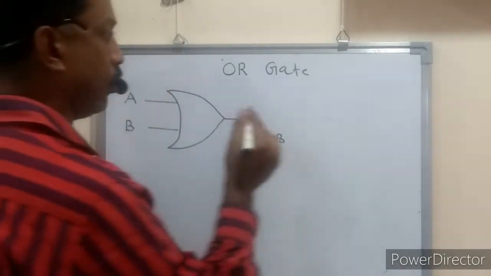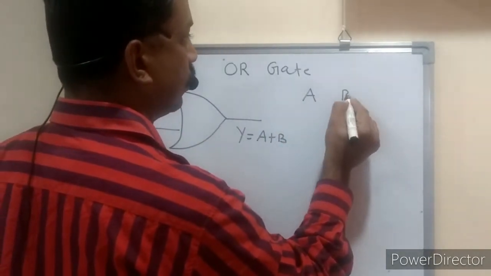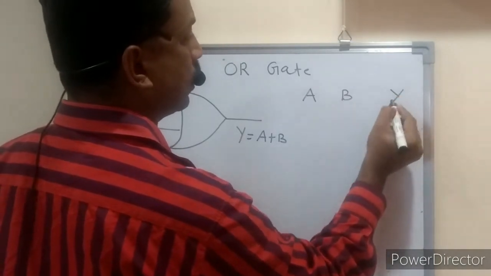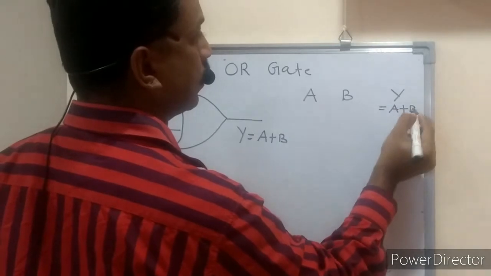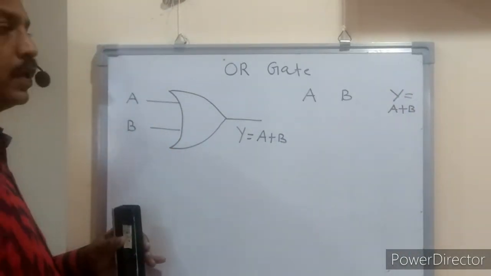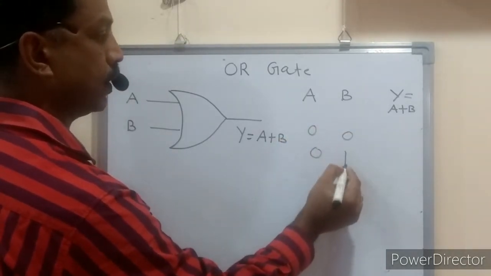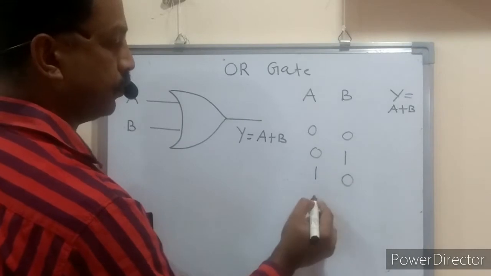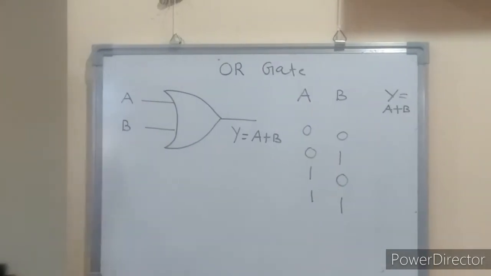The truth table of the OR gate we can write like this: A, B and Y equal to A plus B. Here, 0 0, 0 1, 1 0 and 1 1 are the four different combinations.